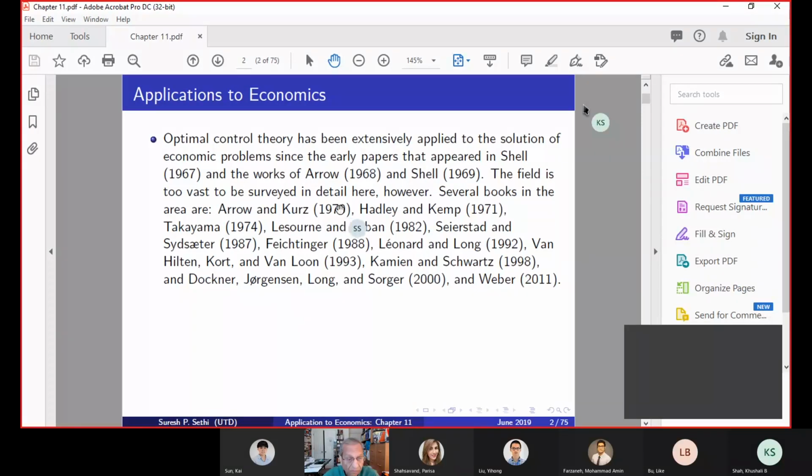The entire book is almost like a first book on optimal control theory applied to economics problems. And then Hadley and Kemp, and another book came out, Takayama. So these are various books. And you will see that I worked with Kamien on problems that extend this chapter, which is not covered in the book.